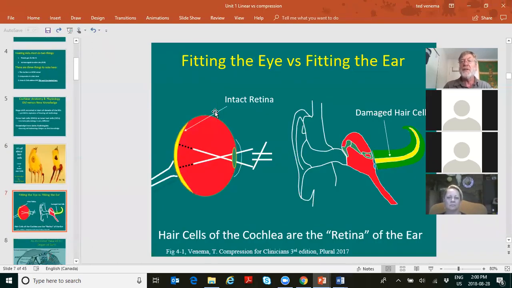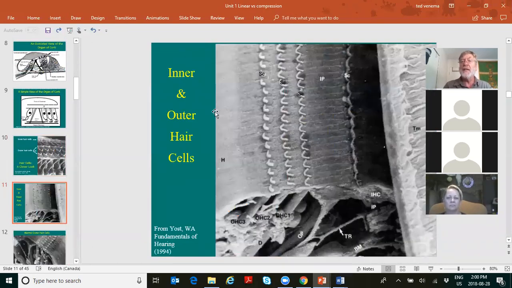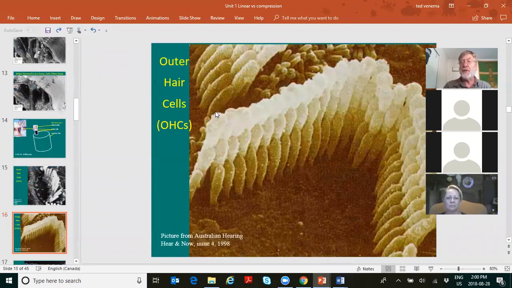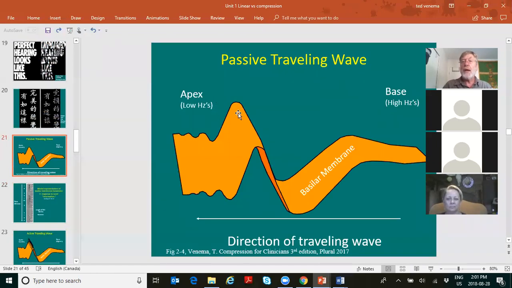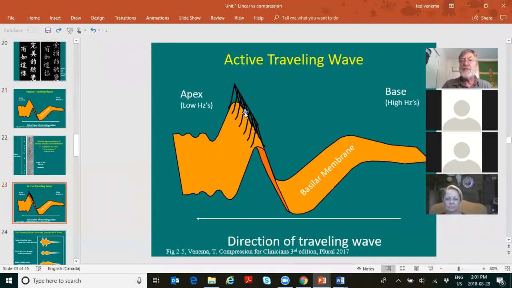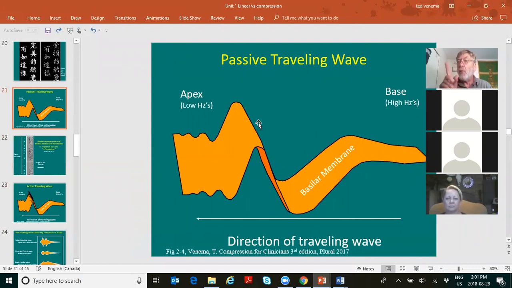Very important. And the reason why is that when you lose hair cells, your traveling waves look rounded. You don't have the sharpening that takes place due to the outer hair cells. That sharpening is gone, so this person cannot separate speech from background noise as well. Look at all the frequencies stimulated by this bump. A whole bunch.